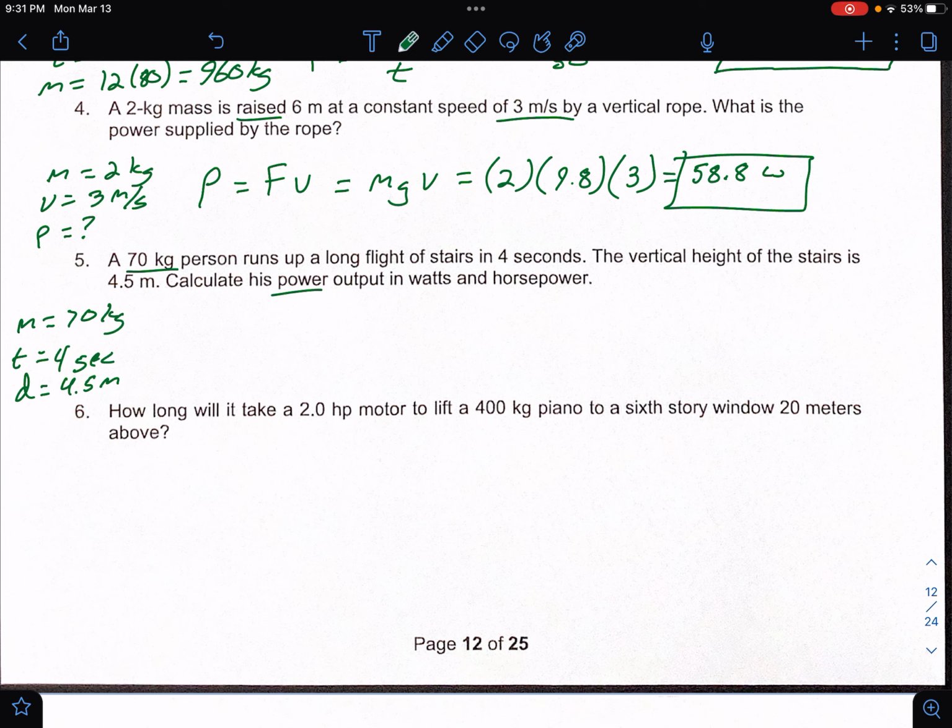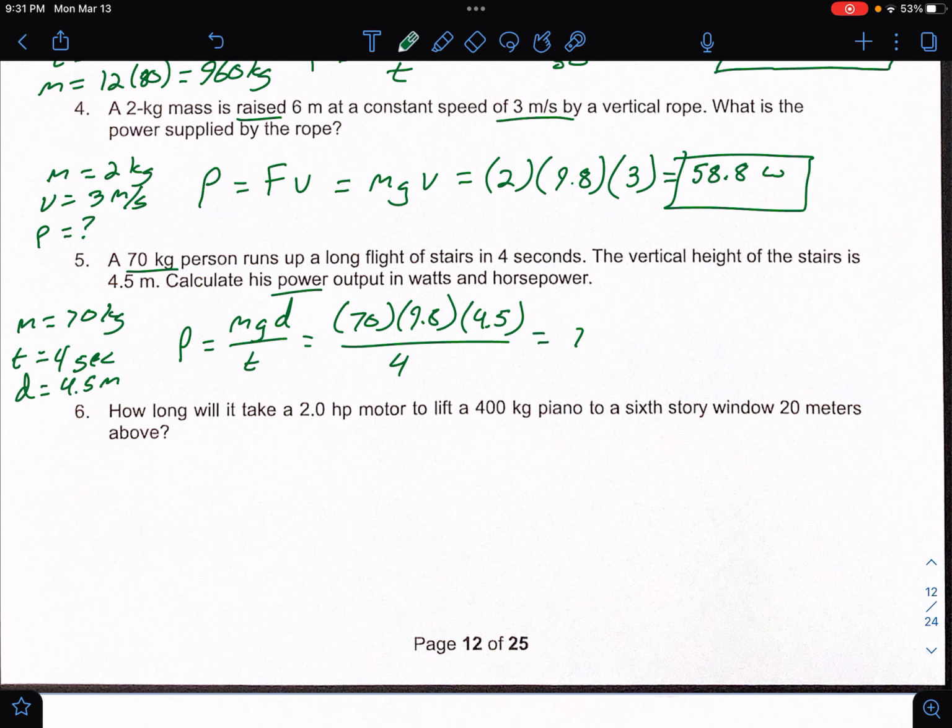Remember we're going up, so power equals mass times gravity times distance over time. So 70 kilograms is your mass, gravity is 9.8, your distance is 4.5 meters, and your time is 4 seconds.